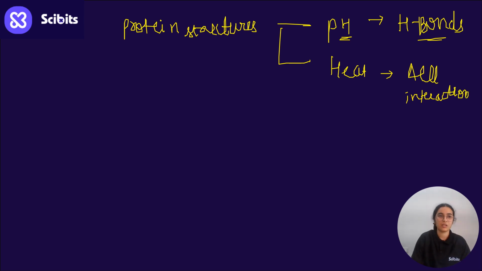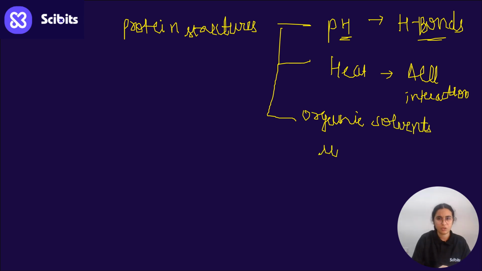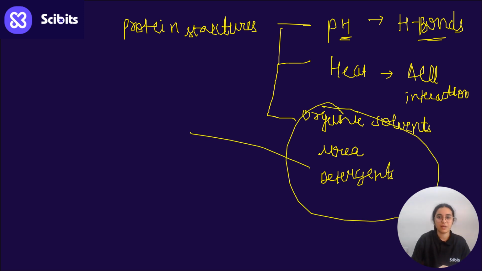That's what we say, that at high temperature protein becomes denatured. Means all interactions are being affected. There are organic solvents, urea, and detergent. These things break hydrophobic interactions.